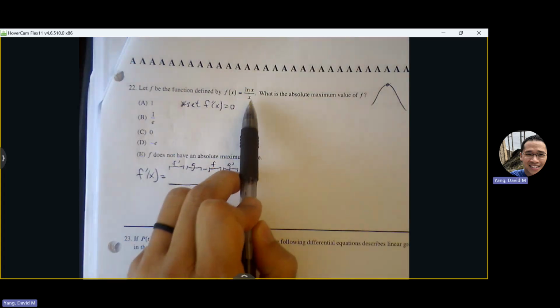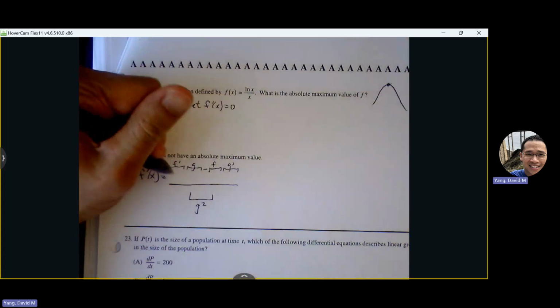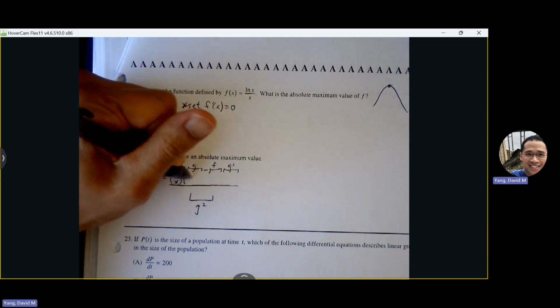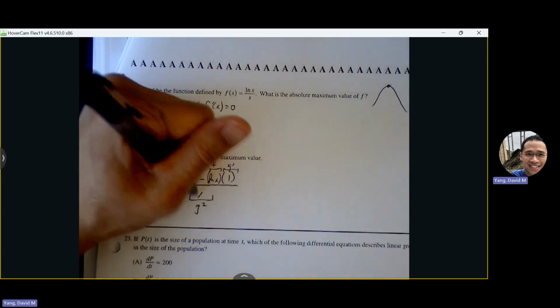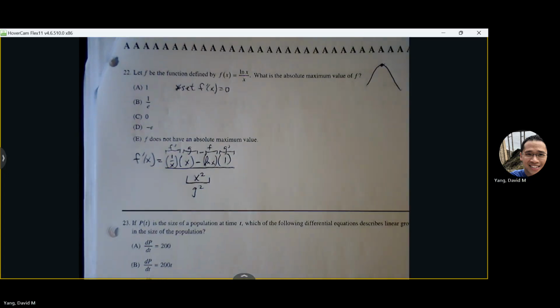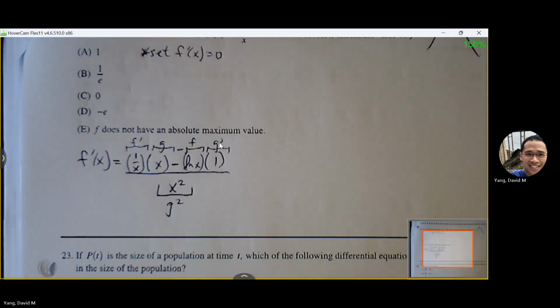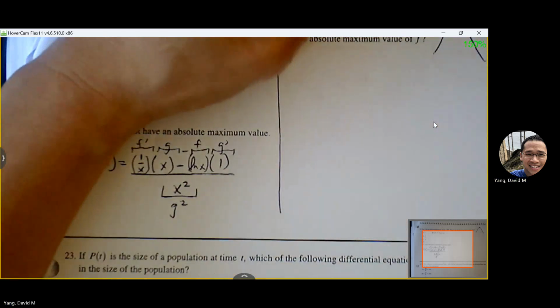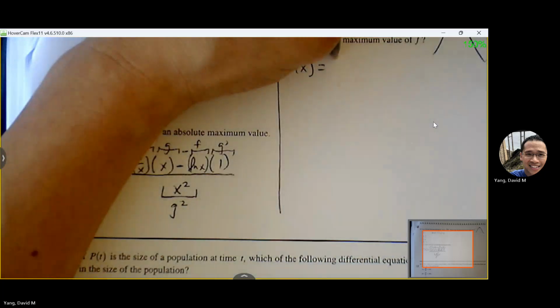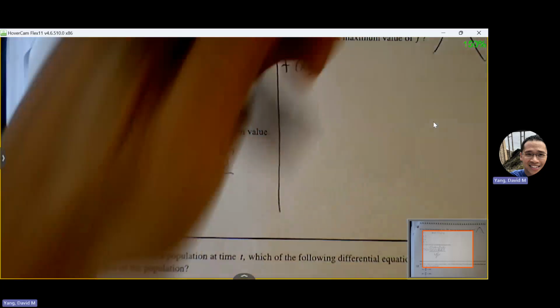F prime g minus f g prime all over g squared. So natural log of x, f prime times g minus f g prime all over g squared. Okay, let me clean this up and see if I can find critical points to test out. 1 over x times x is just going to be 1.